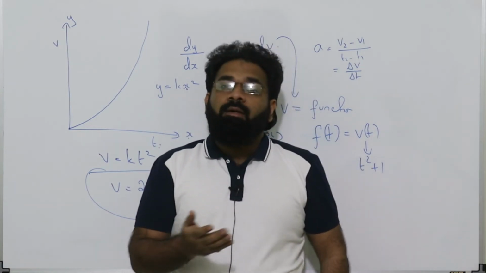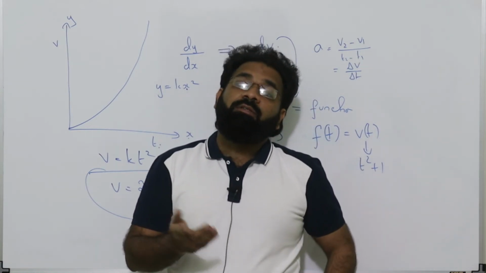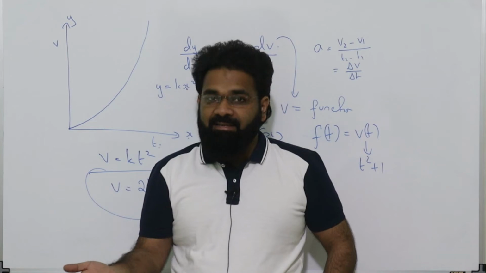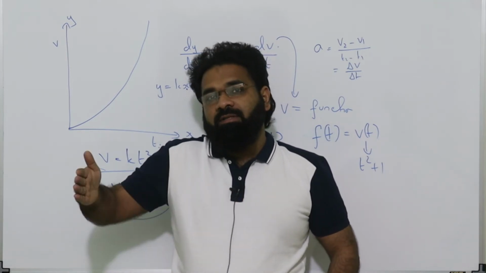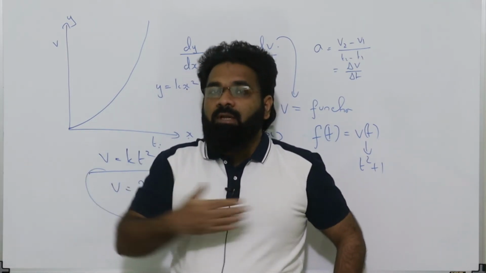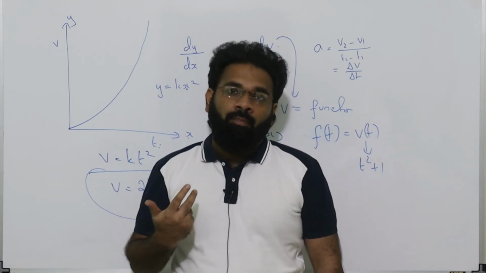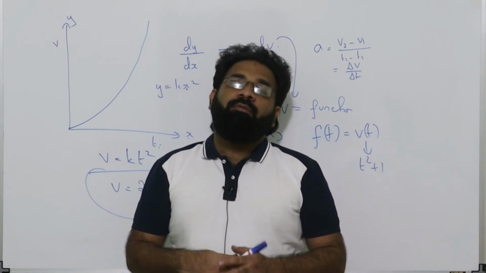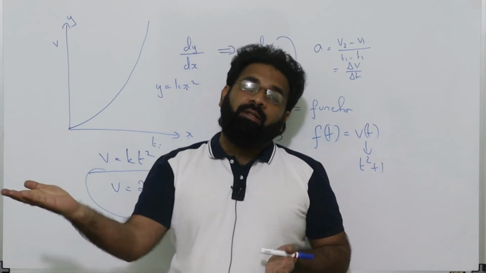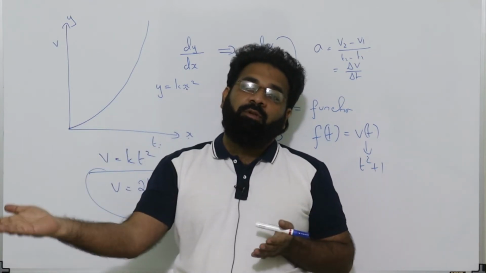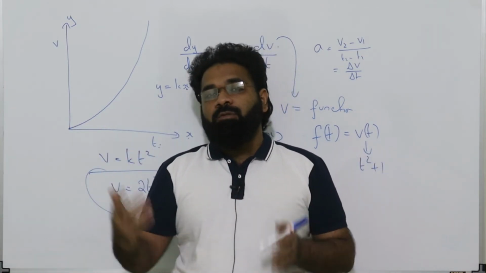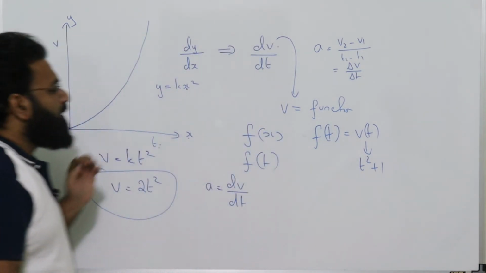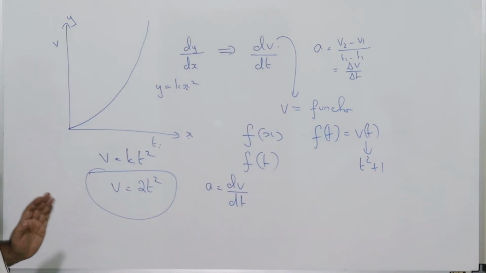Or maybe velocity is changing with respect to distance. As we proceed with the distance, velocity is changing, so then that will be a function of distance also. Likewise, if something is varying with respect to another thing, temperature with respect to time, velocity with respect to distance, that time we will be finding slope.